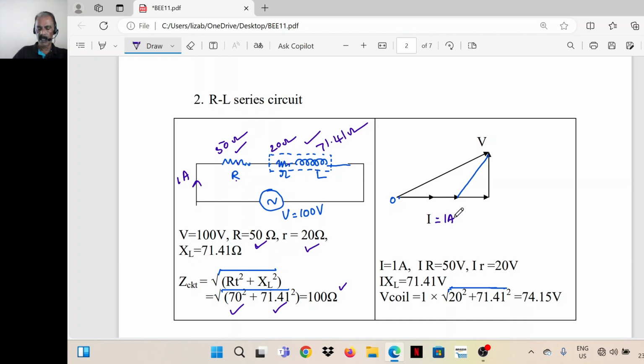Let us take current as the reference, I equal to 1 ampere. Next we consider the voltage across the external resistor, VR.